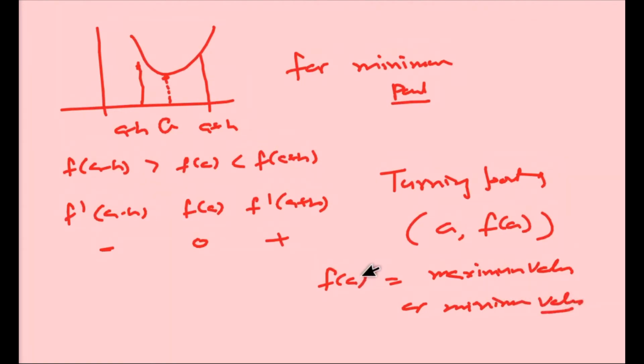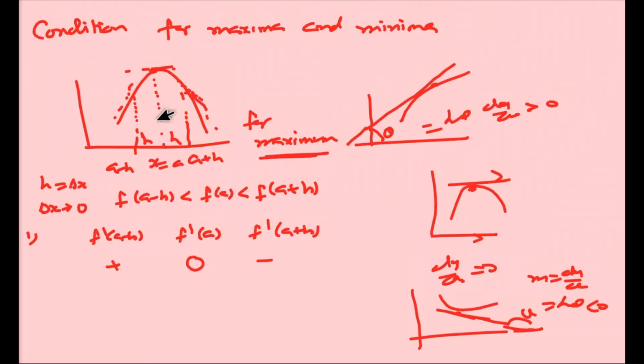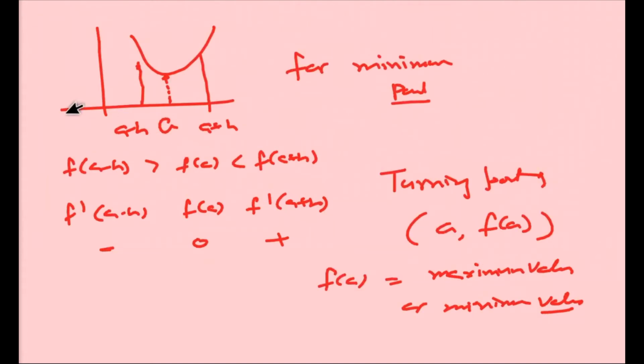Here f(a) is the minimum value, and in the previous case f(a) is the maximum value, right? So student, this way we can get the value of turning points.